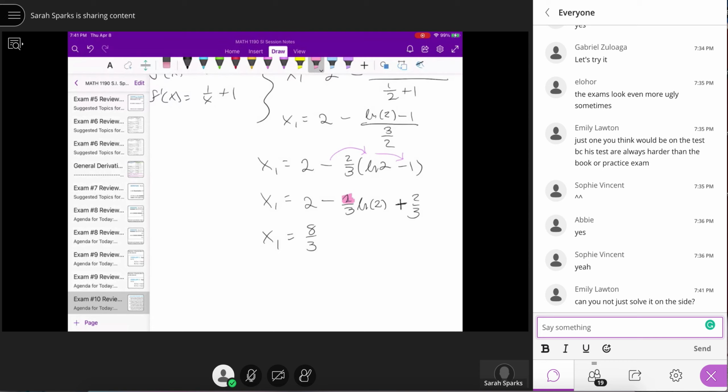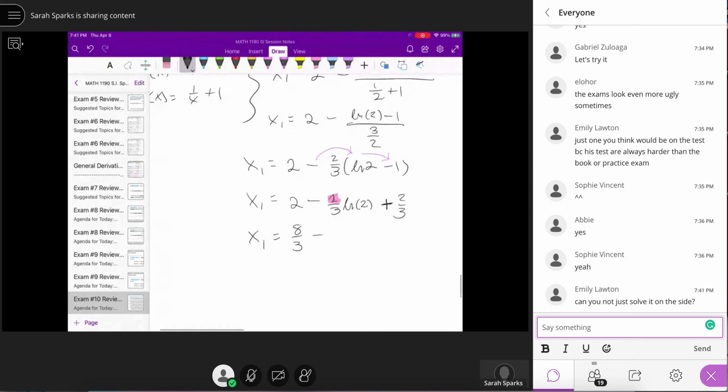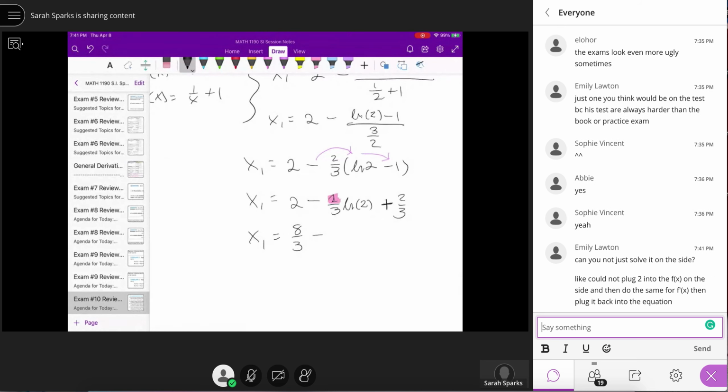But anyways, I'm going to use our log properties to bring that 2 inside the parentheses, so we get 1/3 natural log of 2 squared, which is going to be 4.